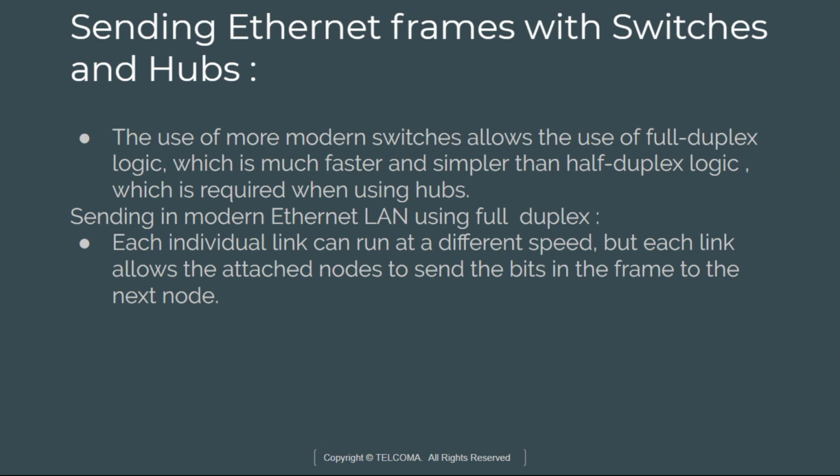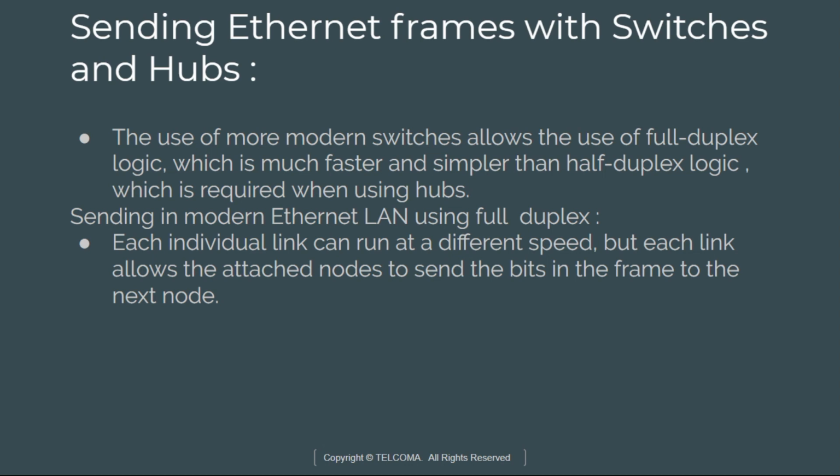If we take an example of sending data, suppose we have two PCs, PC1 and PC2, and two switches, switch 1 and switch 2. The pattern is different in switches and hubs. PC1 builds and sends the original Ethernet frame, using its own MAC address as the source address and PC2's MAC address as the destination address.